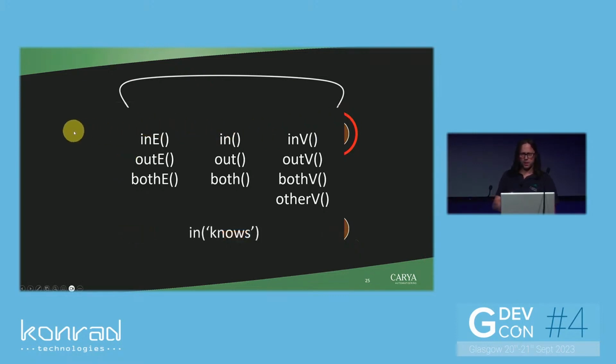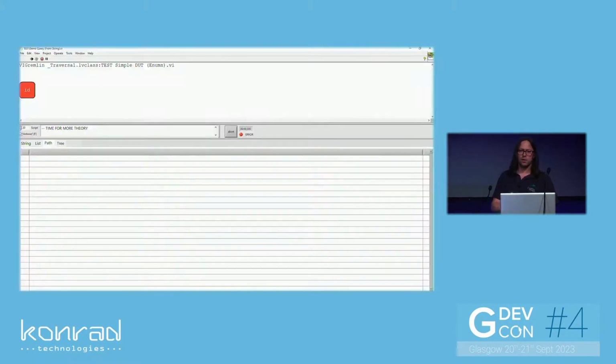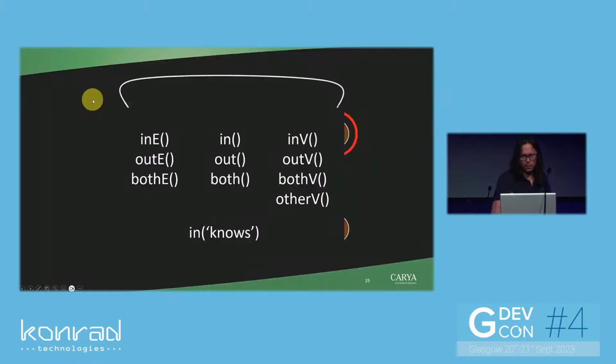You can be specific in these ins and outs. You can give the edge label, and then it will only return the edges with that label.